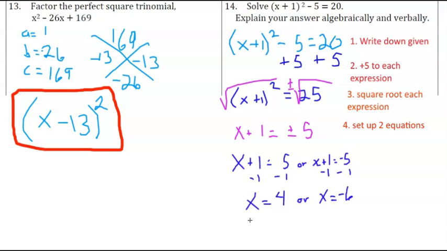So we have our 2 solutions, negative 6 and positive 4. Now we don't have to check for extraneous here because the only x value we have is squared. And if you square something, it'll always end up being positive. So this is our answer.